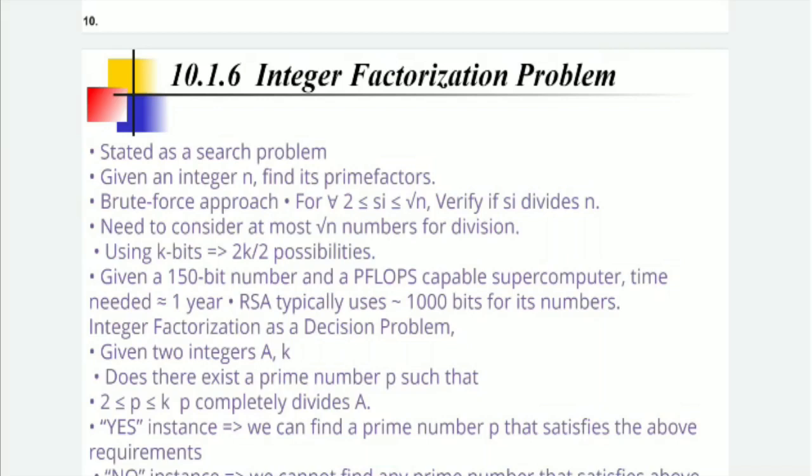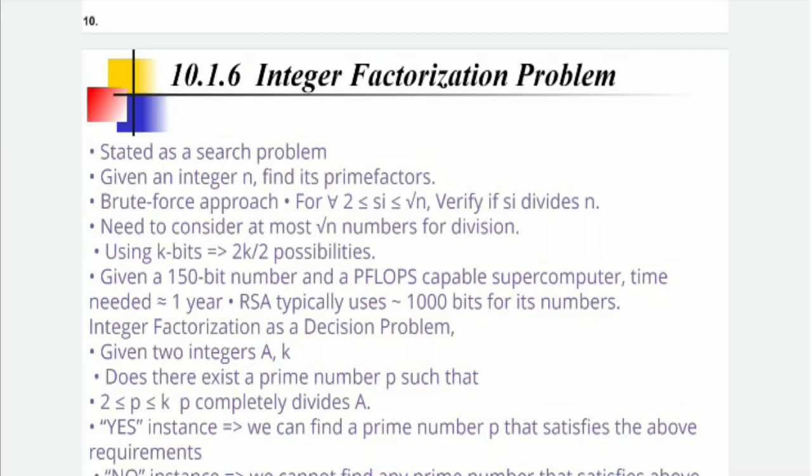To show the hardness of this problem, we can consider an example. Given a 150-bit number and a petaflops-capable supercomputer, the time needed to find its factors was almost 1 year. So you can imagine how hard it is to find the prime factors of bigger and bigger numbers.